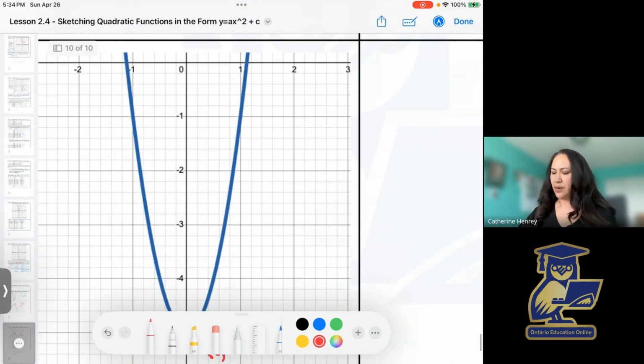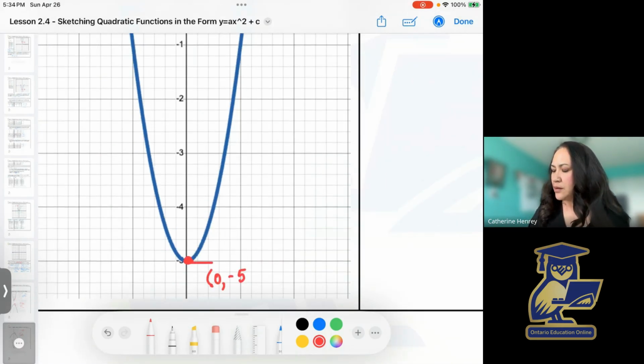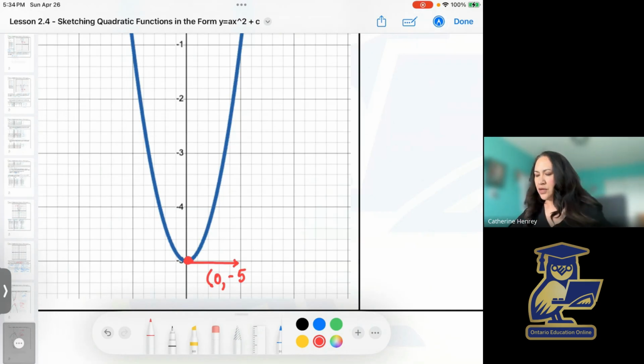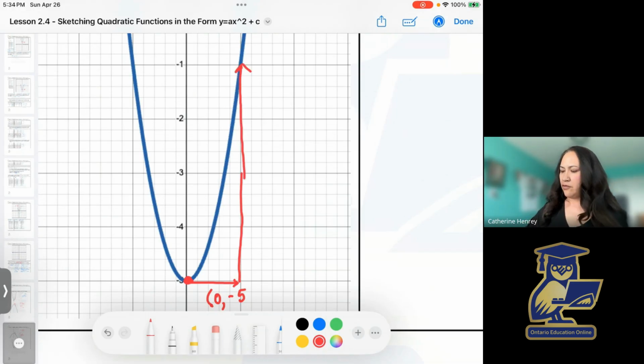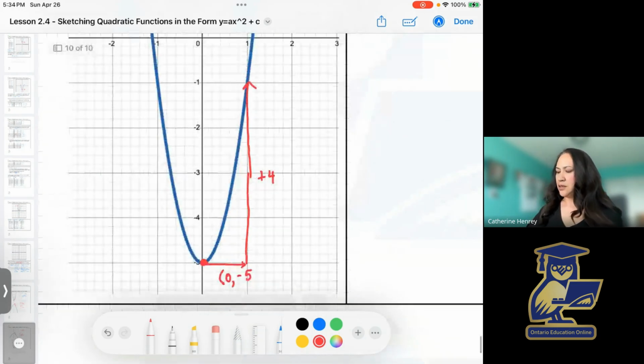And then our step pattern, if we go over 1, we reach the graph, let's say, looks like 4, if I'm counting correctly.